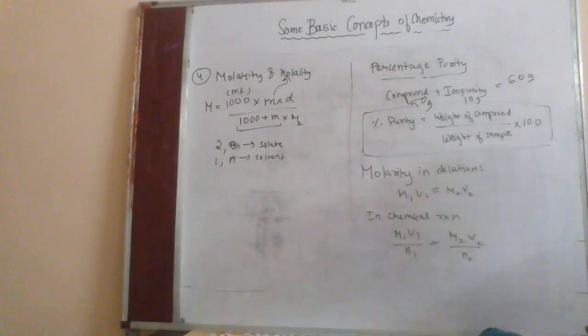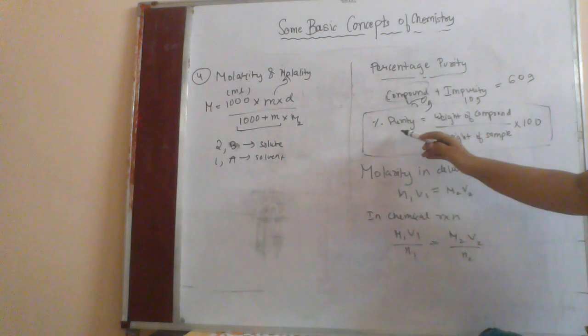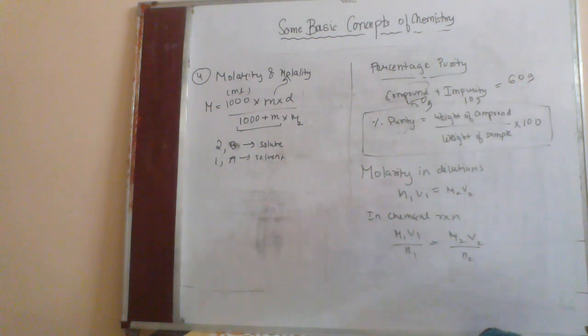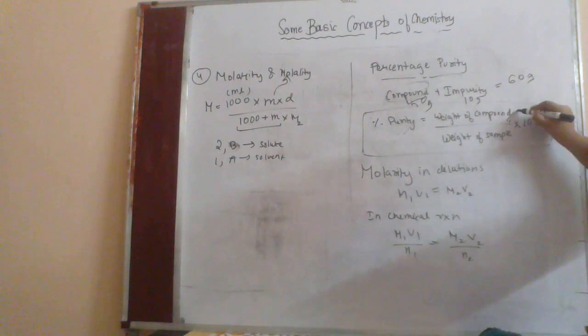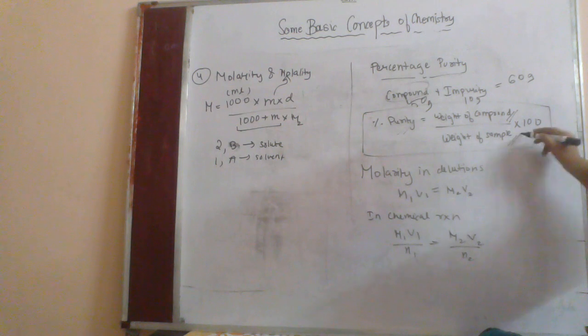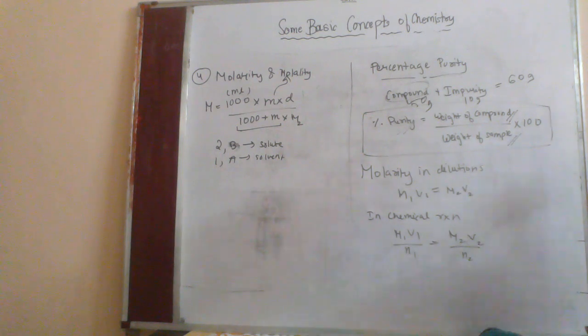What if I want to find how much is the compound? This will give me percentage purity, that is how much pure my compound is, or in that solution how much is the pure part in percentage. So that is weight of the compound divided by weight of the sample, into 100 of course, because it is percentage.